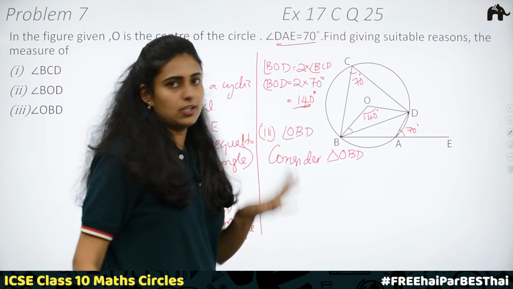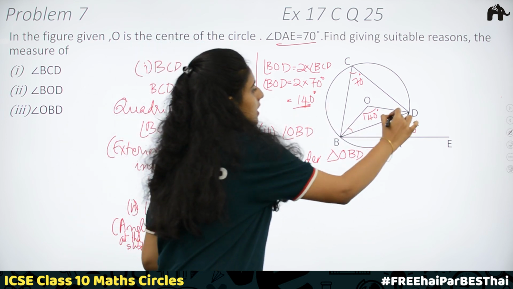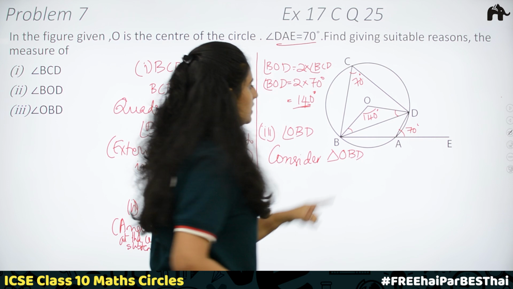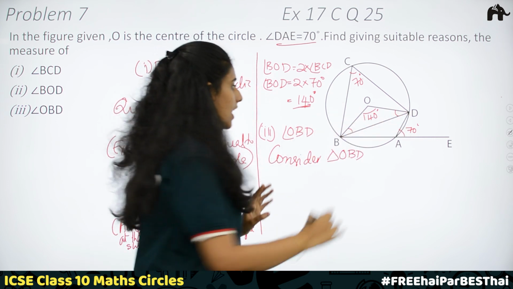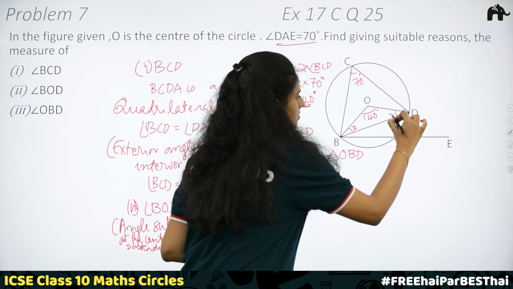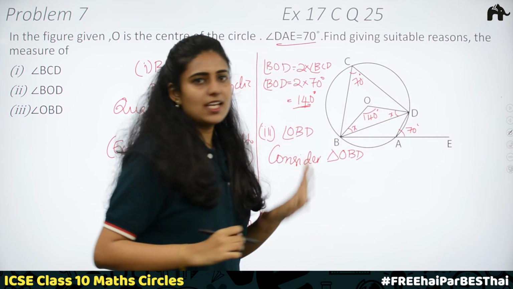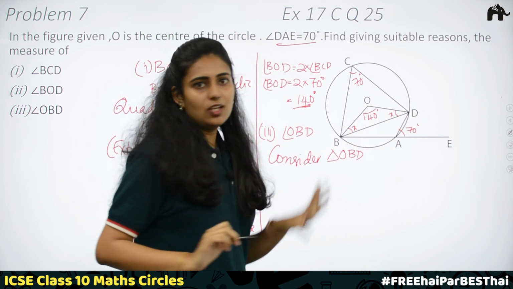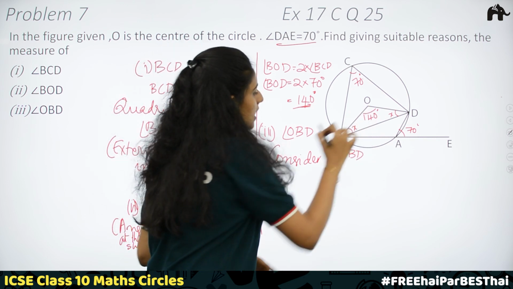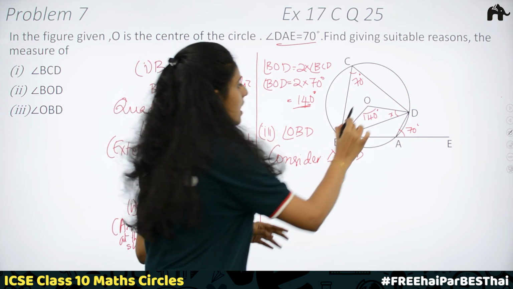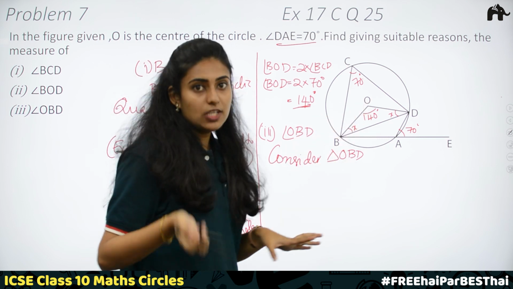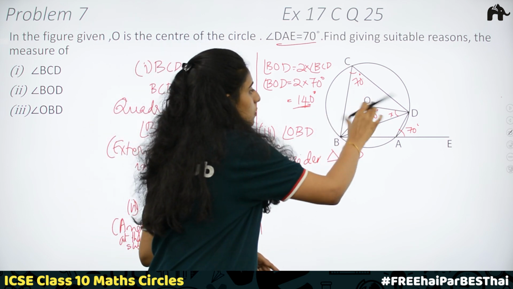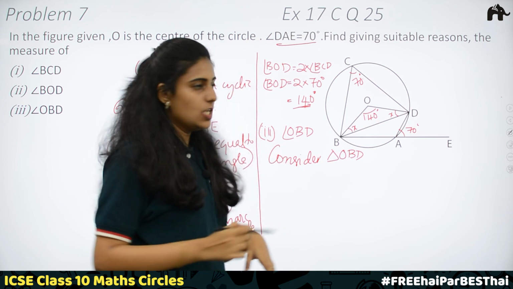Okay. What about these two angles? OBD and ODB. I am taking them as X. Why have I taken both as X? Because they will be equal. What is the reason? OB is the radius of the circle and OD is also the radius of the circle. Radius of a circle will be of equal measures. Yes. So, OB and OD are equal.